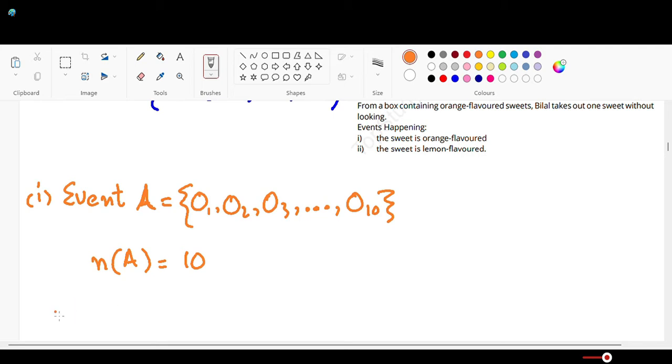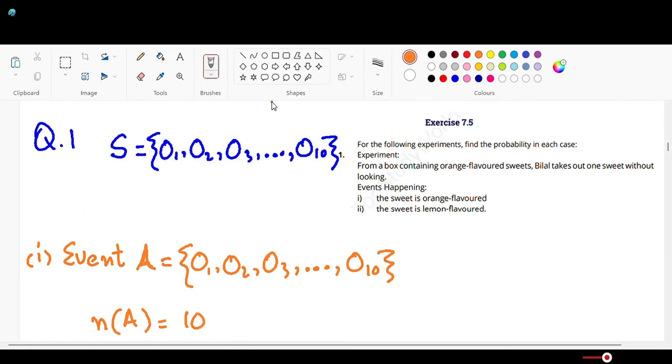So the probability of event A taking place is equal to the number of elements in event A over the number of elements in the sample space. By the way, the number of elements in the sample space will be 10 in this case.